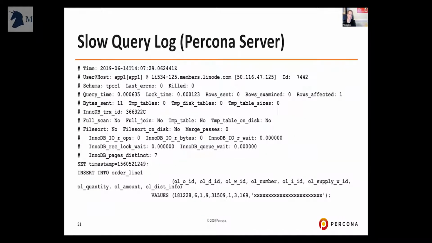So let's look at an example of a slow query log, in this case from Percona Server. You can see it contains information about the query itself, its timing, as well as potentially some additional performance detail.